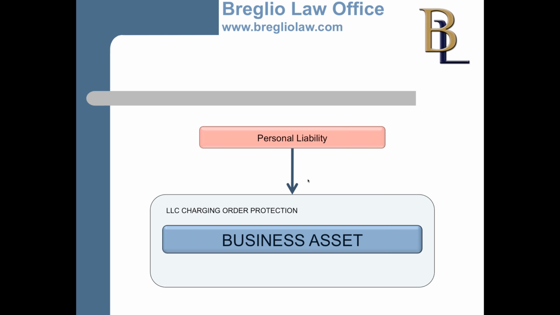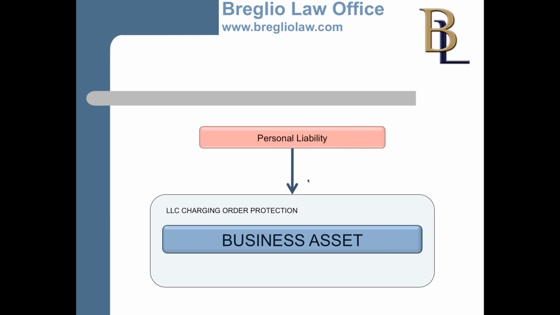And if you're a t-shirt printer, maybe the company owns printing presses and computers and inventory that's worth hundreds of thousands of dollars. If this business is a landlord who owns rental properties, they're seeing lots of real estate, and maybe there's hundreds of thousands of dollars in real estate. Now, all of these things are business assets.